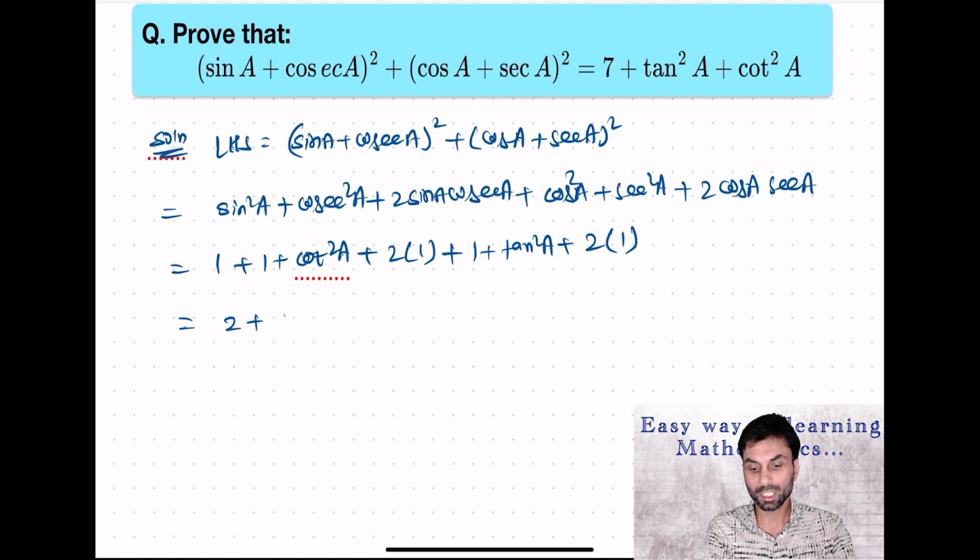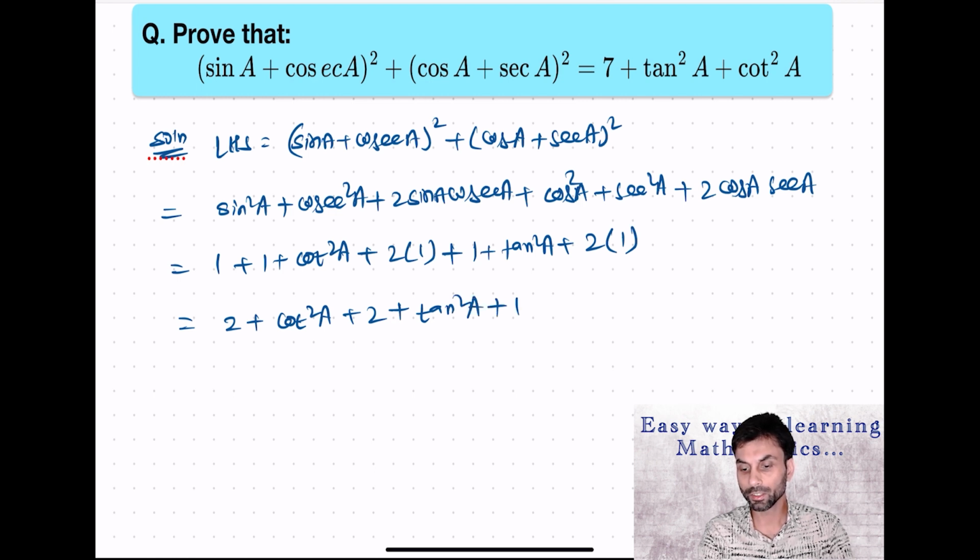So 1 plus 1 plus cot square A plus 2 plus 1 plus tan square A plus 2. When you add it, you will get 7 plus tan square A plus cot square A, which is the RHS.